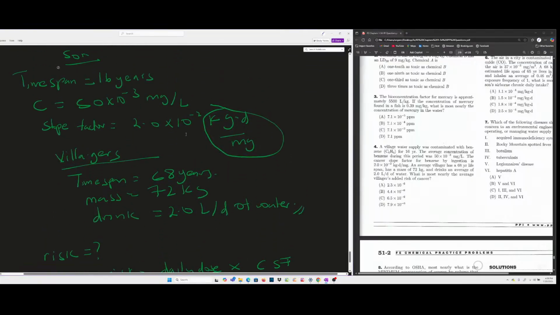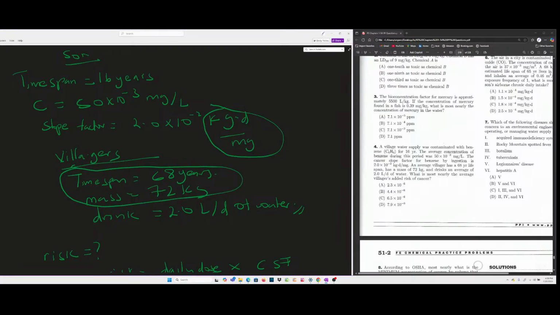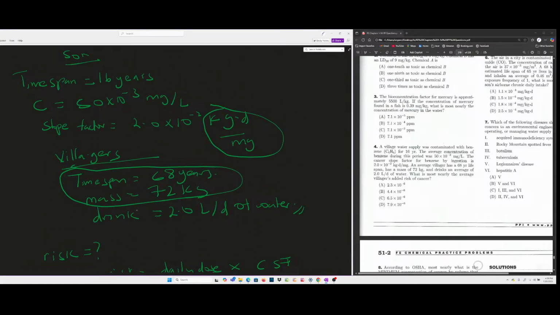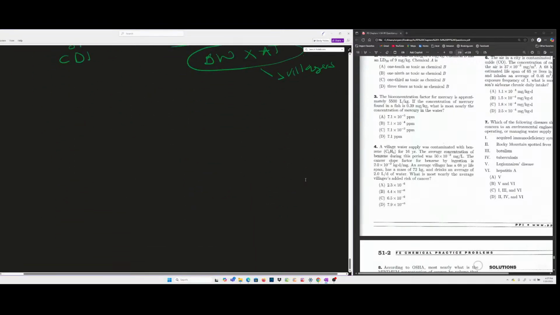The trick is that we're going to multiply everything in the surroundings, and divide it by the time span and the mass of the villagers. When multiplying by the surroundings, we also include the daily intake of the villagers as part of our multiplication. So all we divide by is the time span of the villagers and the mass, because this formula can be very tricky, but this is a simple way of solving it.